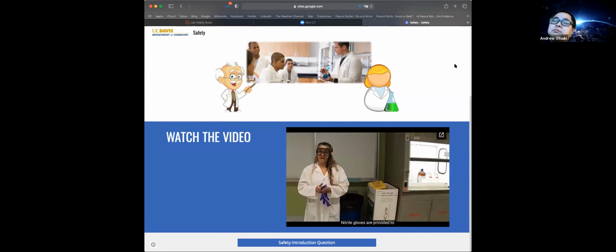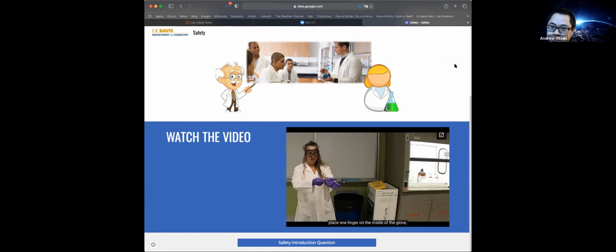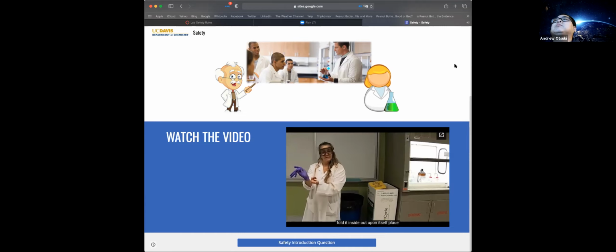Nitrile gloves are provided to all students for the air safety labs. Properly fitting gloves is very important. To remove a contaminated glove, place one finger on the inside of the glove, fold it inside out upon itself, place the other finger in, and put the glove inside.